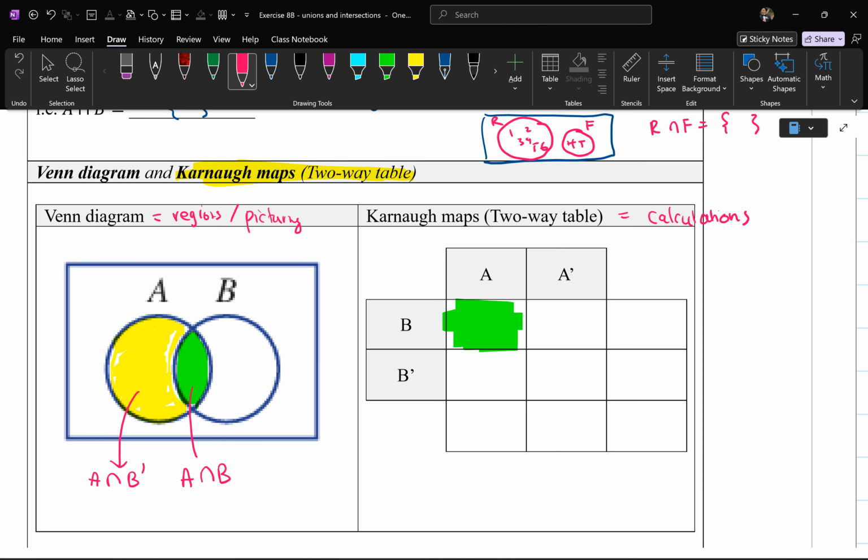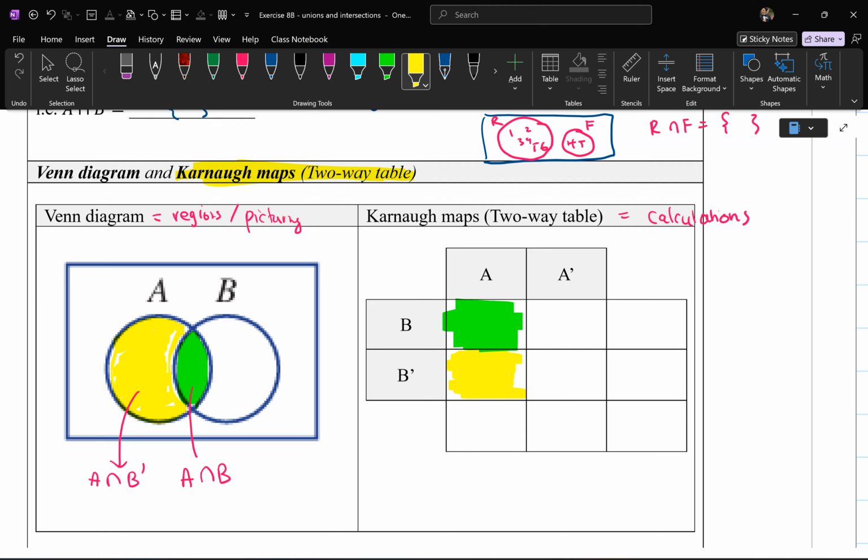Good. Can you see that region there is outside of B, so it's not part of B. Not part of B is this entire region here, and A is only this section here. So where do they both have in common? It's where the yellow region is, which represents this one. A with not B gives you the yellow region.